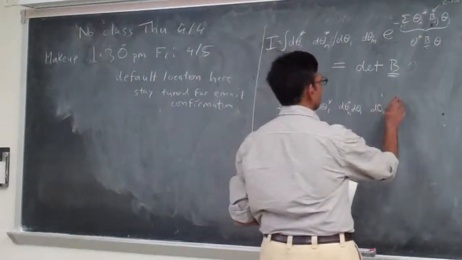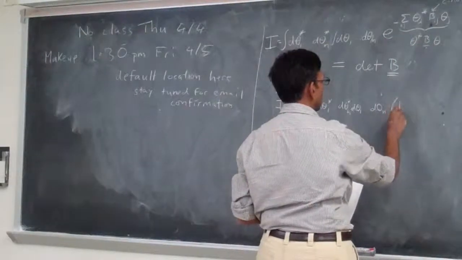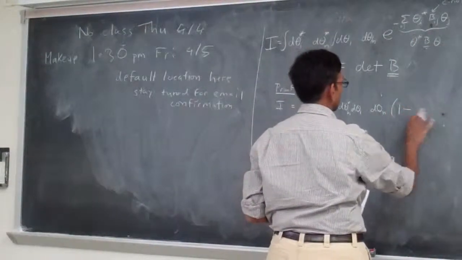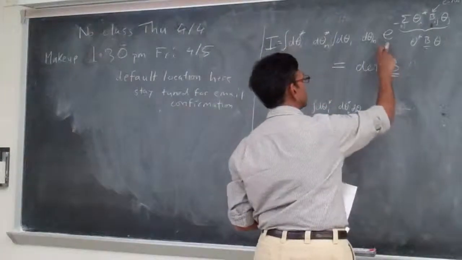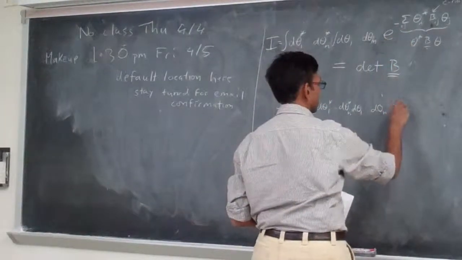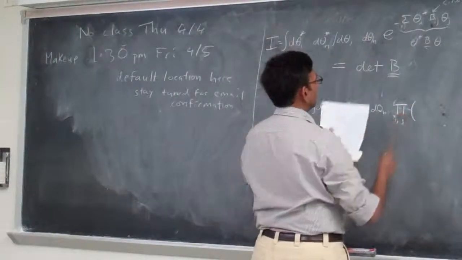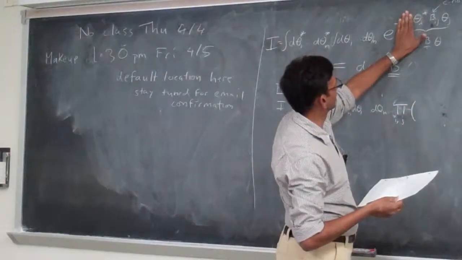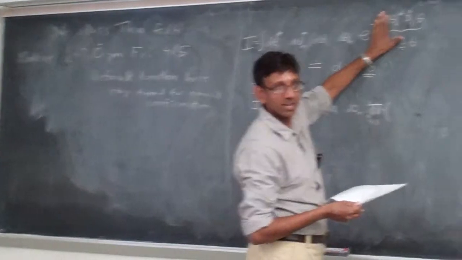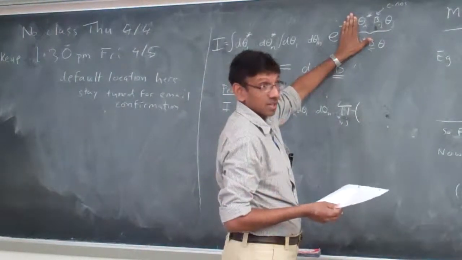So the exponential of the sum is the product of the exponentials. So let's just look at one possible choice of i and j and that exponential. I'll just Taylor expand it.